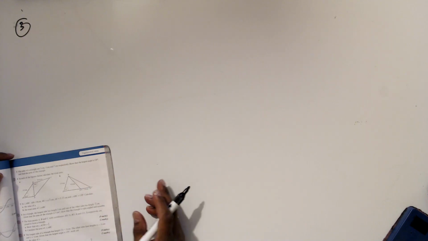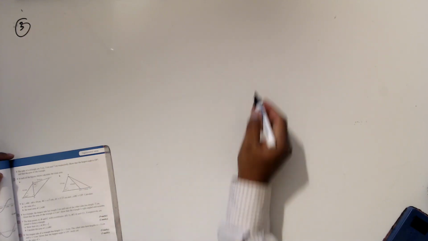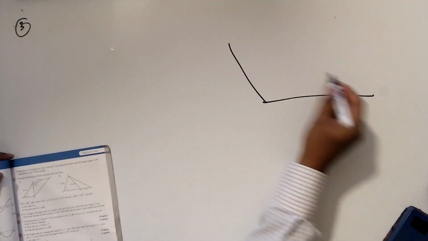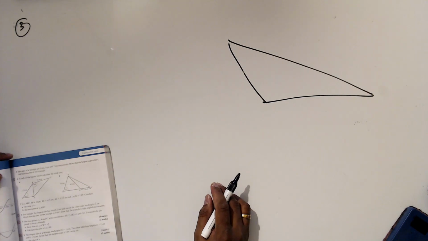Question number 3. The sides of a triangle are 3, 5, 7 respectively. Show that the largest angle is 120. So there is a largest angle, so it's better to draw a triangle with the obtuse angle.